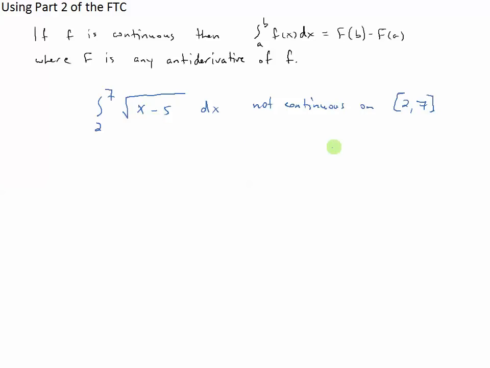However, if you were to graph this function, it looks something like this. So this function is continuous from 5 on.